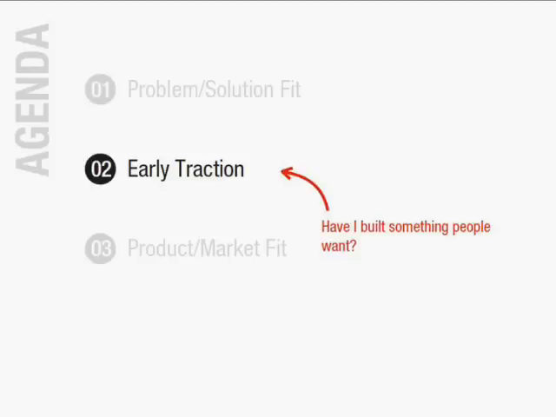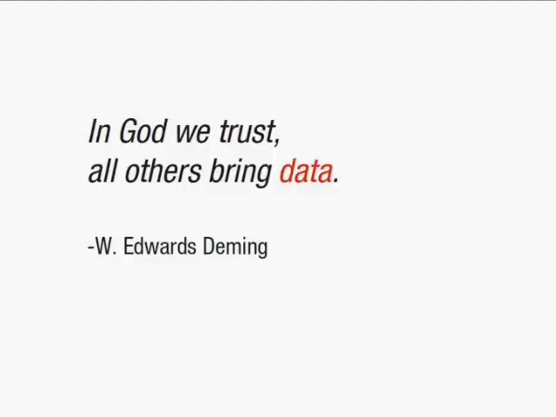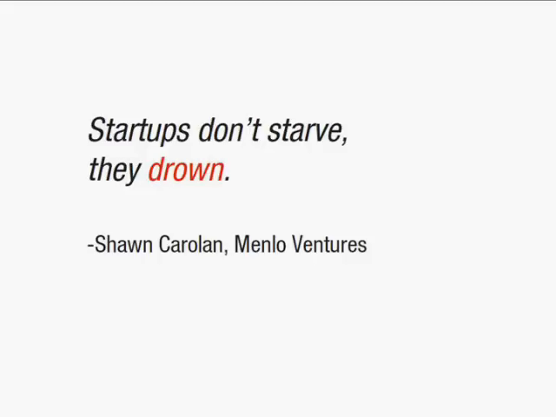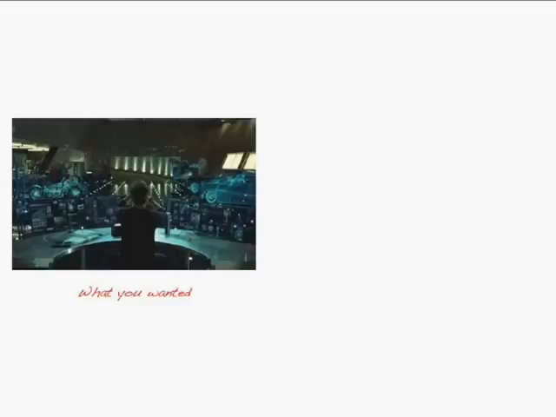Now, when you first launch a product or your minimum viable product, lots of things can and do go wrong. The common tendency here is to want to collect as much data as possible. In today's world where we can measure almost anything, the reality is we often end up drowning in a sea of information. Now, this is what we expect from our metrics dashboard. I've got a picture here.